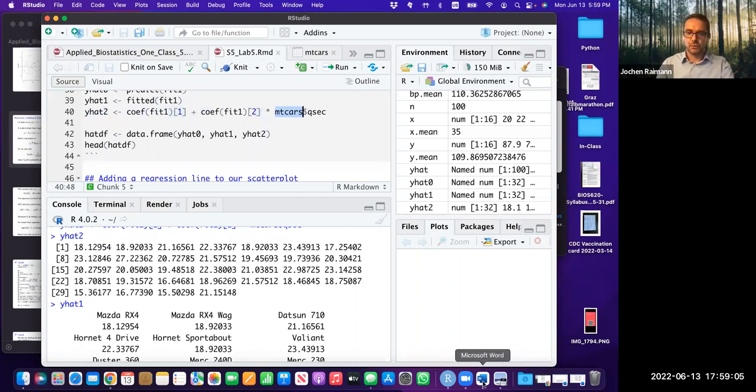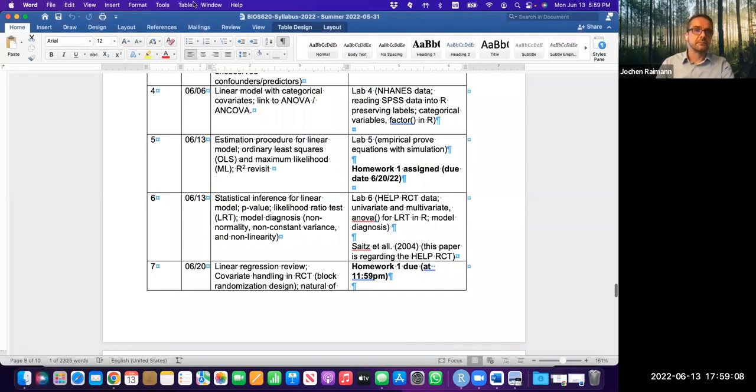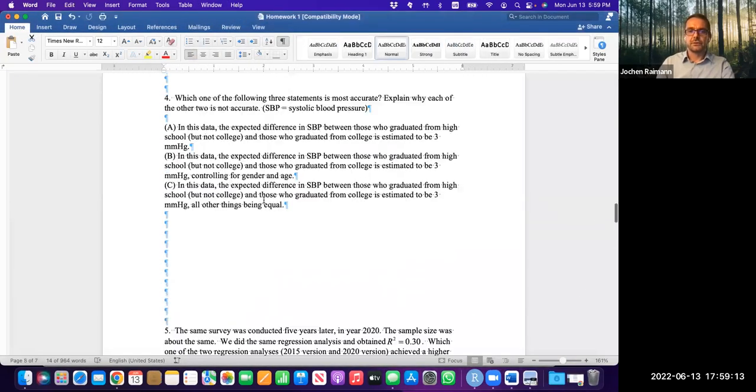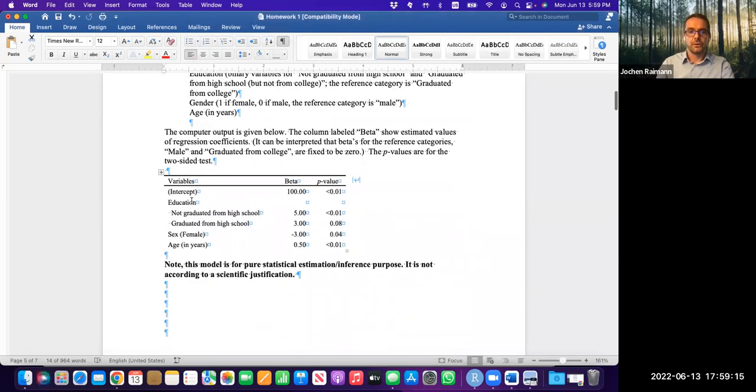So going back to the homework, you're doing nothing else, right? So you have a linear regression model here, where you have an intercept. You have here a factor, which is essentially education, which either is somebody who has graduated from high school, which is 5 millimeter HG higher, or has graduated from high school. Remember the dummy variables and the contrasts we discussed.